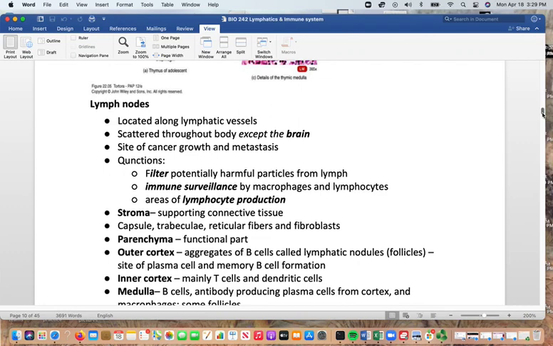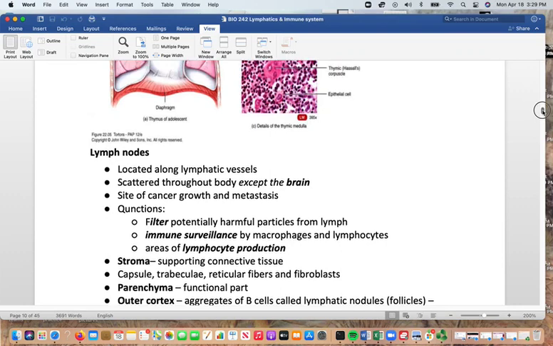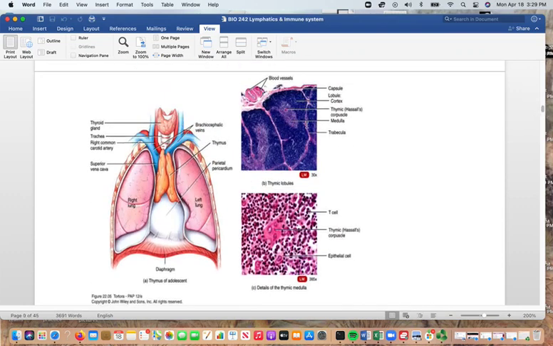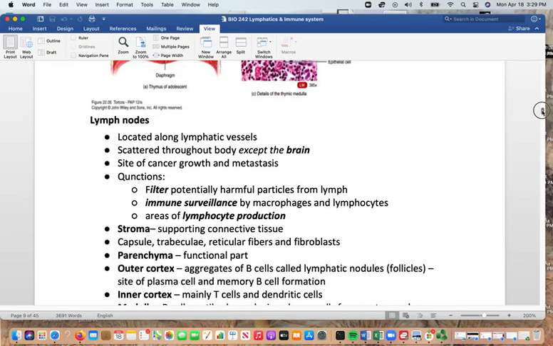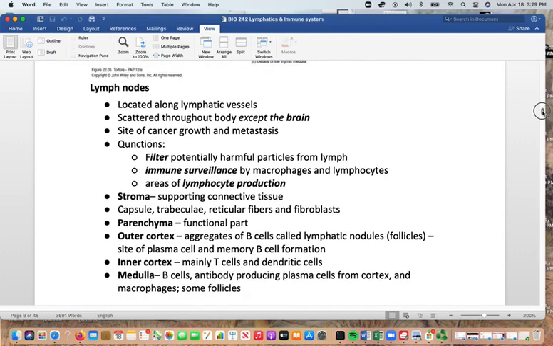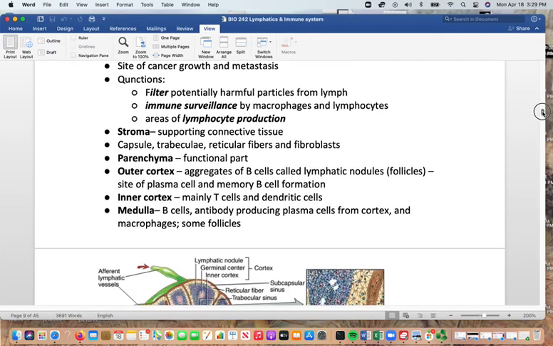The stroma is the supporting connective tissue. Around the outside, you've got the capsule, and then you've got the trabeculae in between the reticular fibers and fibroblasts. If we come back to this picture here, you can see the pink lines are the trabeculae. The parenchyma is the functional part.